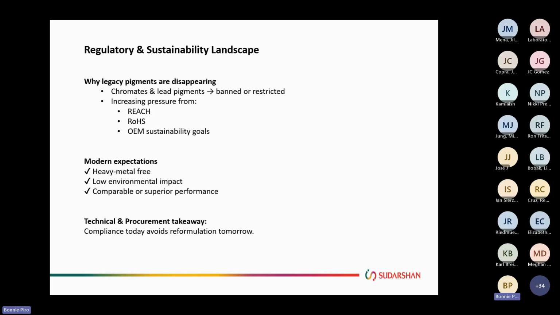Sometimes that's a little hard to do, but that's what our goal is in developing these new pigments. So a takeaway from this is, something you probably already heard before, that compliance today avoids reformulation tomorrow. So looking ahead in your little crystal ball, I'm here to help you make sure that you formulate in the way that you need to do to be able to take you into the next phase of the environmental landscape.